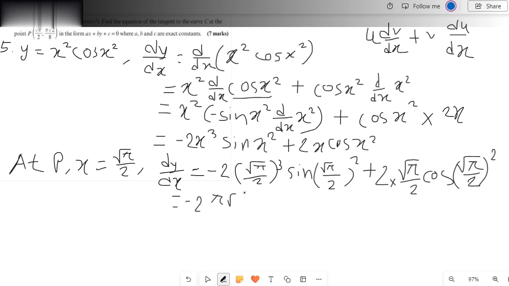So we have minus 2 multiplied with pi root pi, as root pi cube is basically root pi squared into pi.